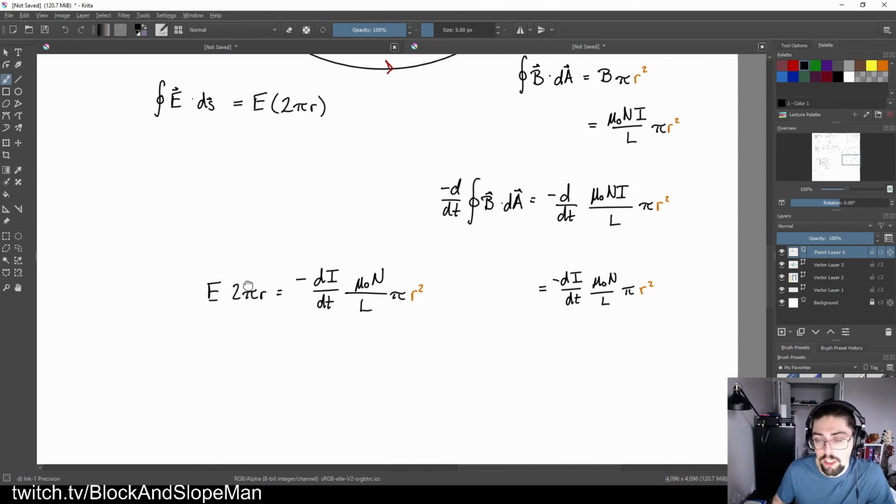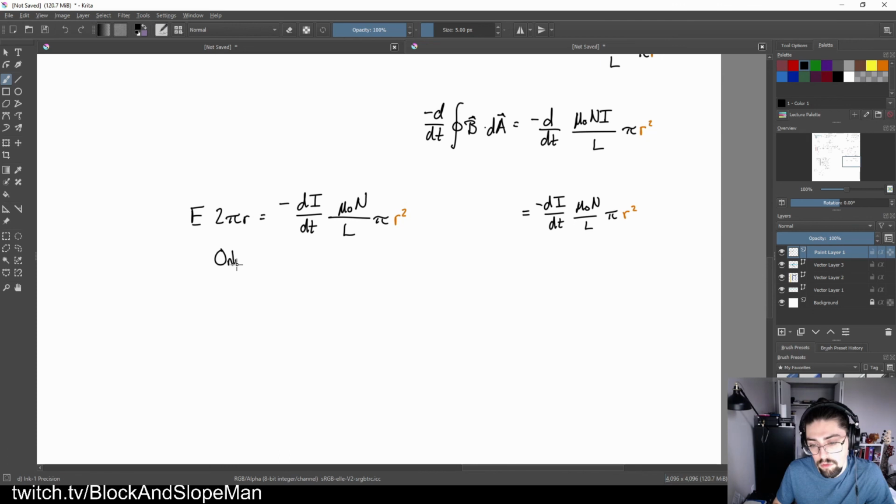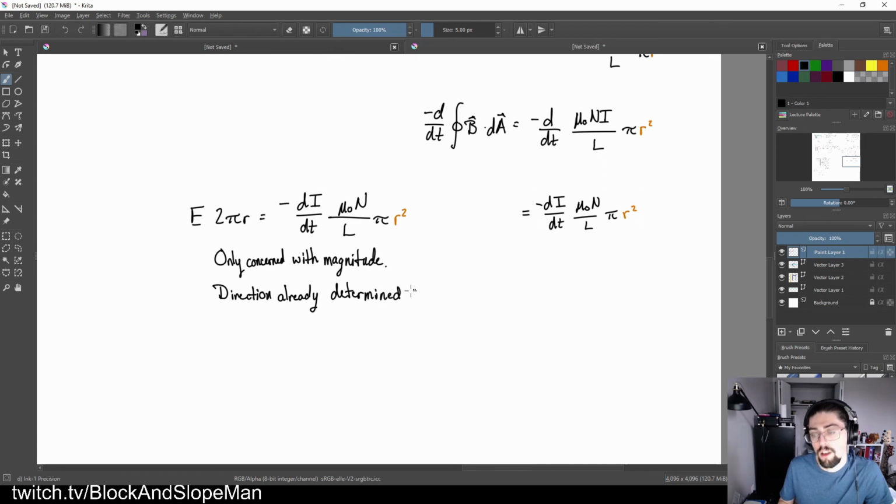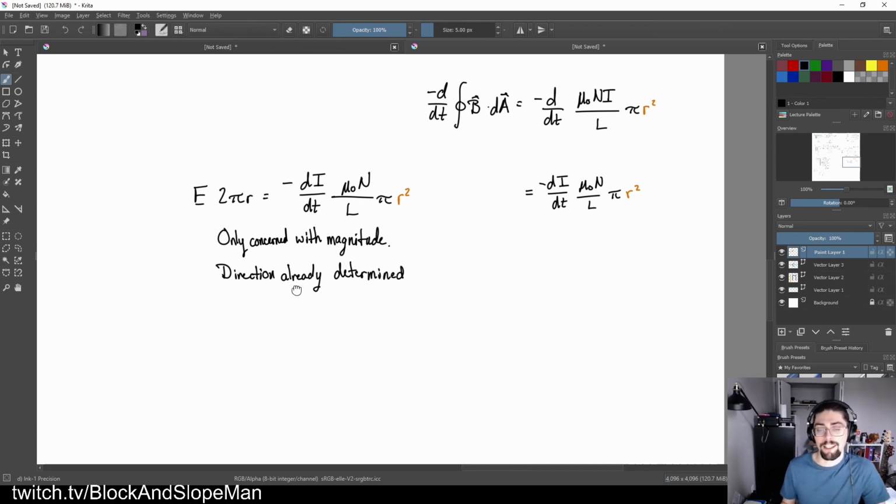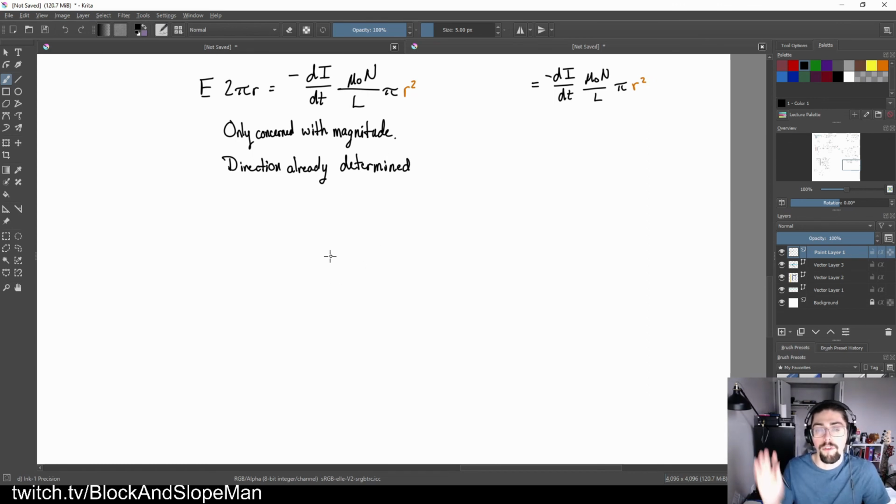So let's just say we're only concerned with magnitude. Direction already determined. That's all the negative sign would be doing. Because we're being a little bit loose with our vector notation anyways, I feel like it's better to just go ahead and take the absolute value of everything. Let's just worry about the magnitude.